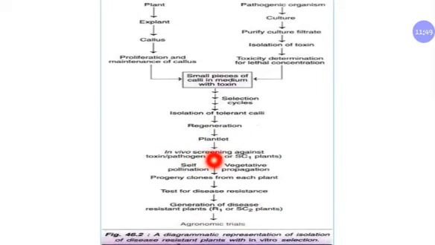In vivo screening against the toxin or pathogen occurs, and by self-pollination or vegetative propagation, the progeny clones are obtained from each plant. Then a test for disease resistance is done, and such resistant plants are taken for generation and then used for agronomic trials.